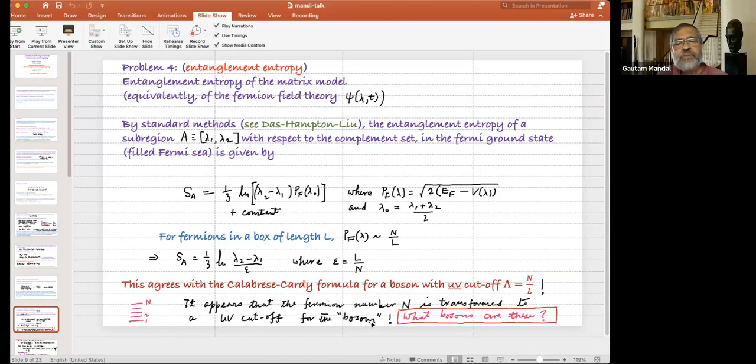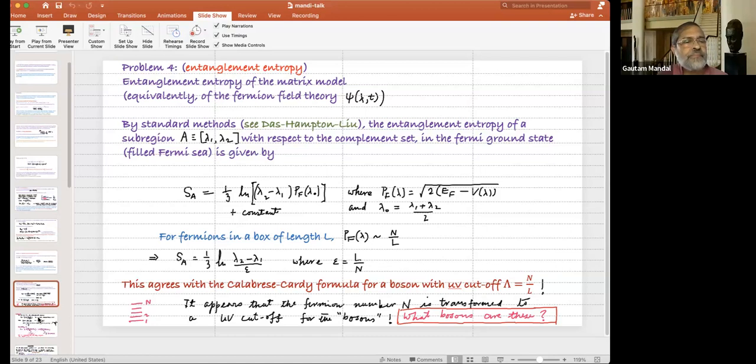This is not what you would expect. So this boson is clearly not the standard boson like a tachyon or massless scalar field, which is not supposed to know about this n. So what bosons are these? This is a question that we would ask ourselves, and this is something that we would solve.